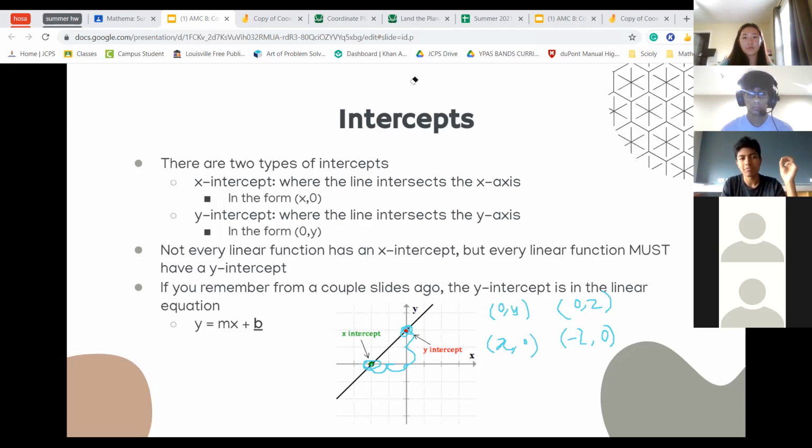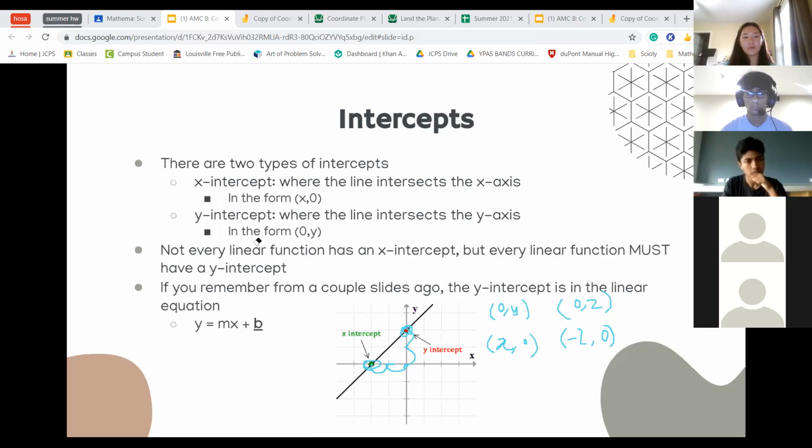So in y equals mx plus b, b is the y-intercept, and to solve for it, you plug in 0 for x, put in the slope, and then solve for b. So that's what you need to know. b is going to be the y-intercept, and the x-intercept isn't really used in the equation.